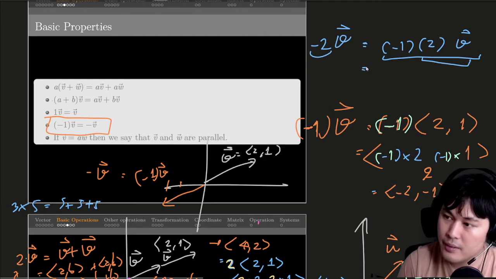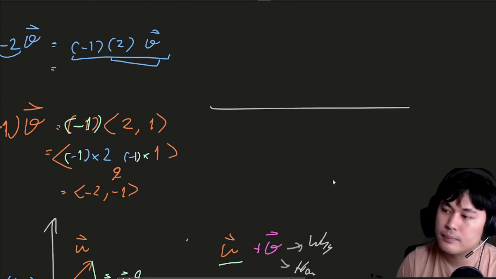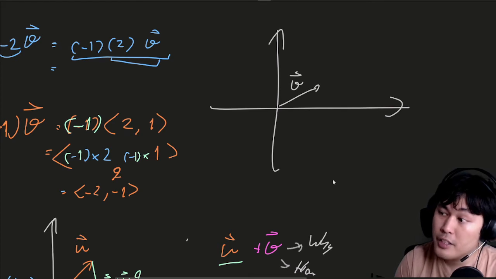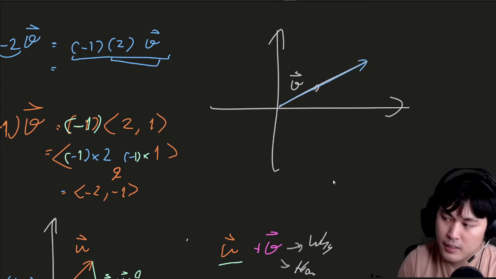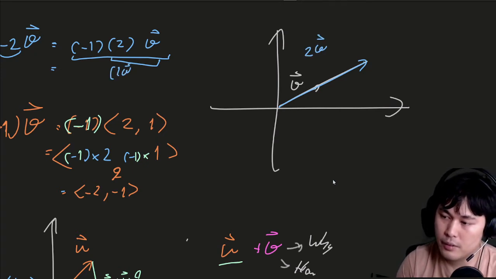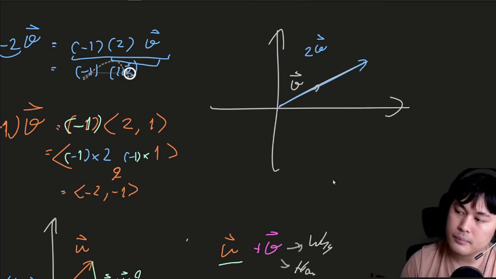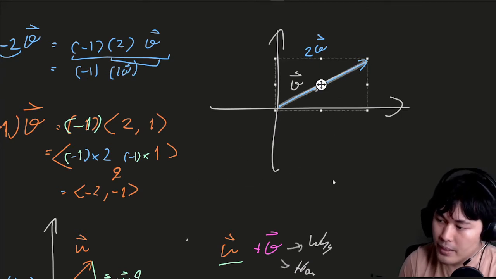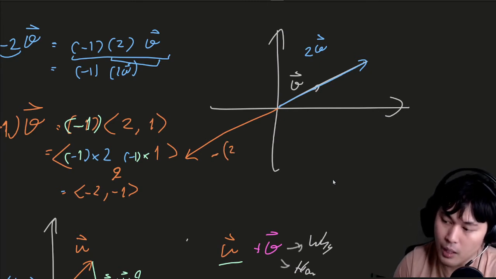So let's say we have a vector v here. First we multiply it by 2, so we get the larger version, 2 times v, a new vector. And then you multiply -1 to that vector. If you multiply -1 to a vector, it means you flip this vector to the other side. So this is the negative of 2 times v.